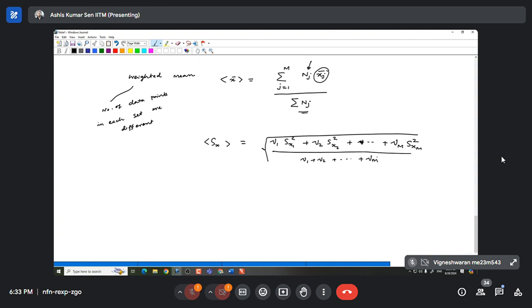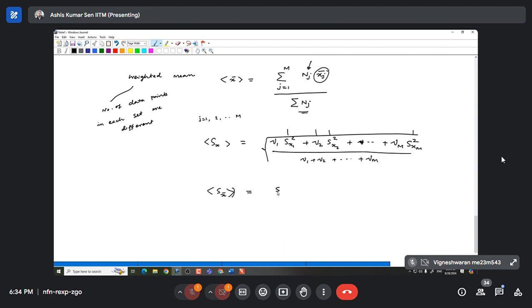Okay, so that means for individual j equal to 1, j equal to 2, up to j equal to m, you have to find all these Sx2, Sxm, and then you use this to find the weighted mean, weighted pooled standard deviation, and then the weighted standard deviation of the mean.